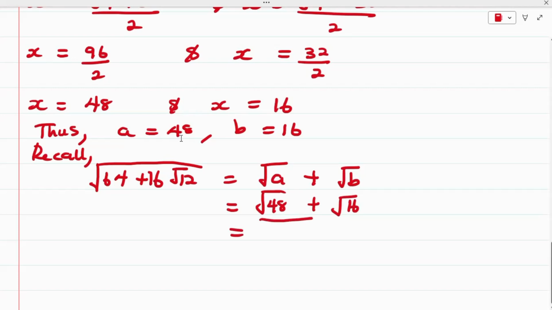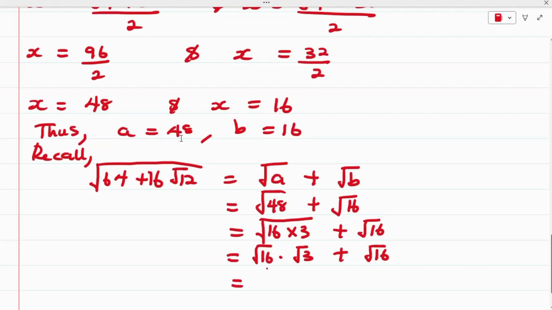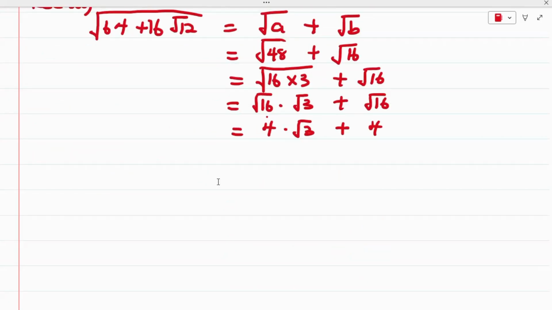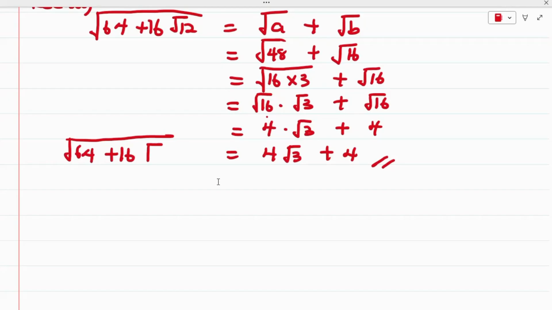And this is equal to the root of 48, which can be expressed as 16 multiplied by 3, plus the root of 16. This is equal to the root of 16 multiplied by the root of 3 plus the root of 16. So the root of 16 is 4, multiplied by the root of 3, plus the root of 16, which here is also 4. So if you multiply this, we have 4 root 3 plus 4. And this becomes the answer for the innermost root, which is 64 plus 16 into the root of 12.